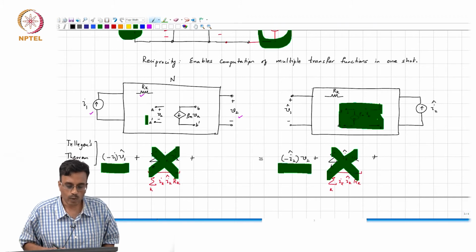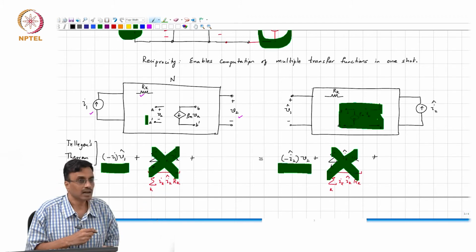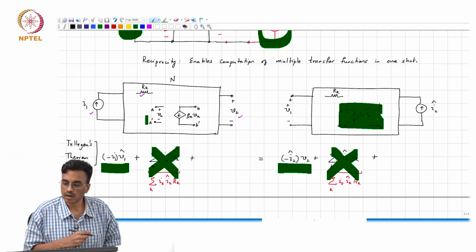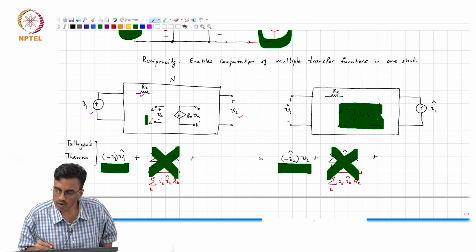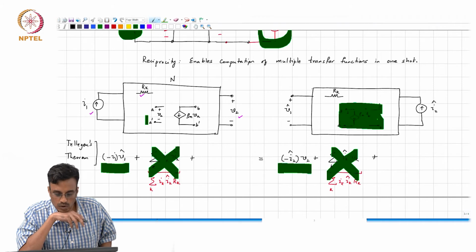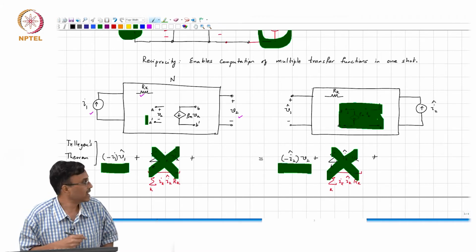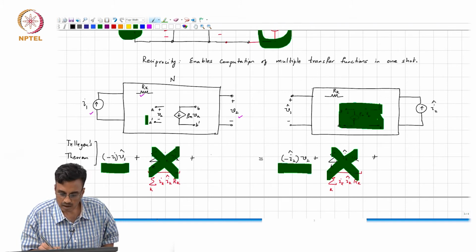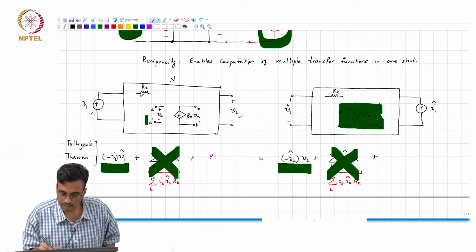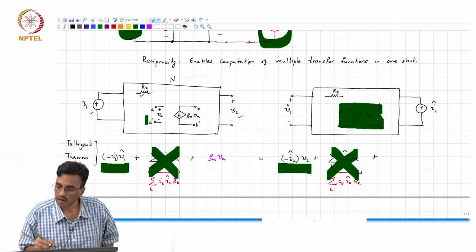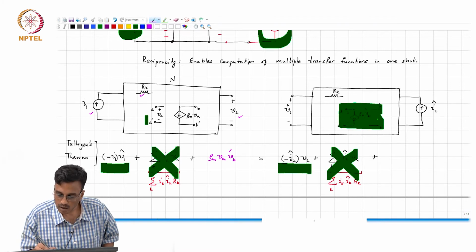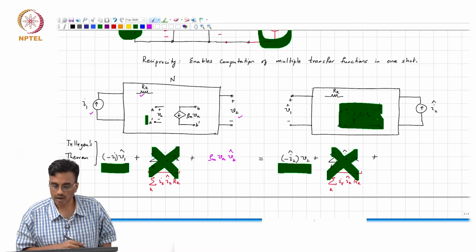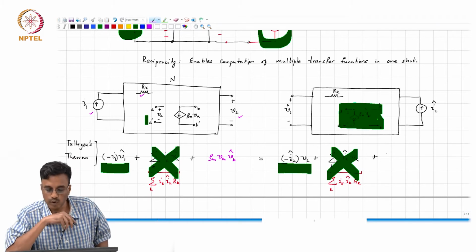So IA is still 0. Therefore IA times VA hat is 0. IB is Gm times VA times VB hat, very good, right? And on the right hand side, what do we see?